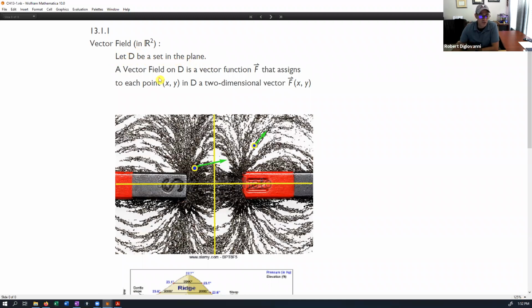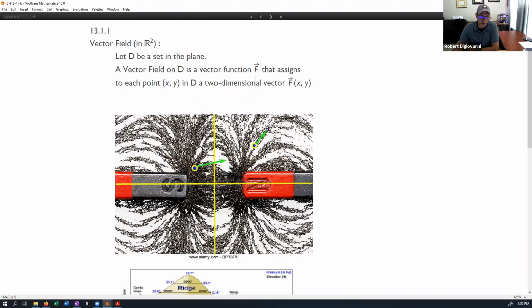A vector field on D is a vector function, capital F with a vector arrow on top of it, that assigns to each point (x, y) in the domain D, or in that region D, a two-dimensional vector, which we call F of (x, y).